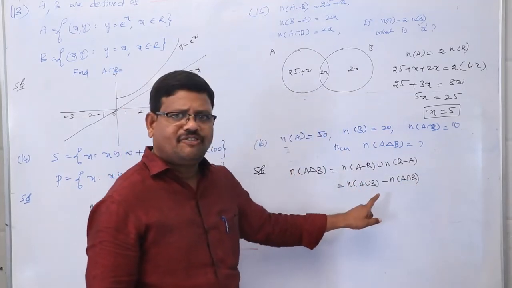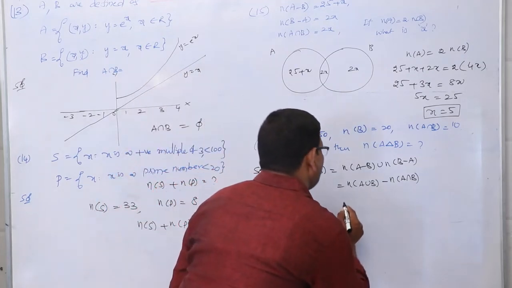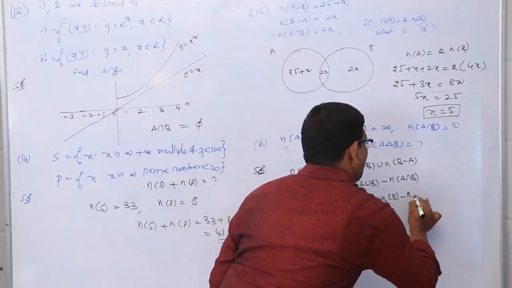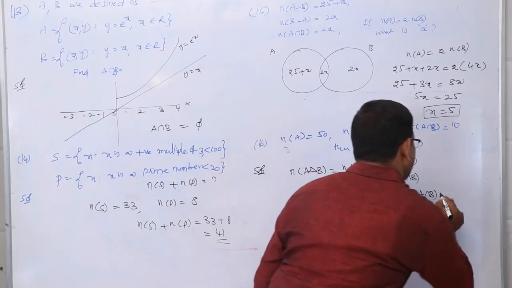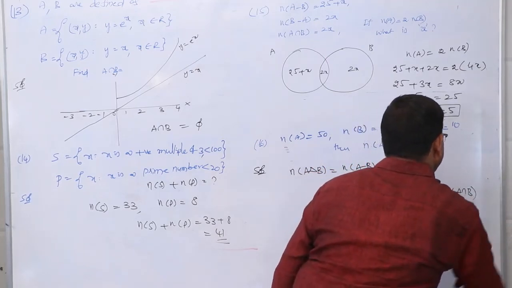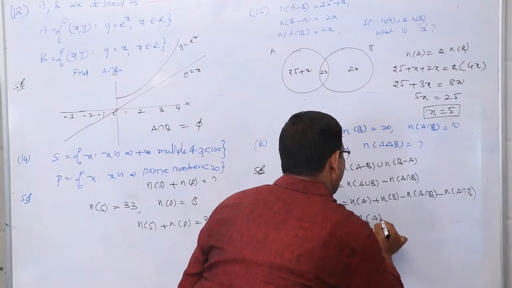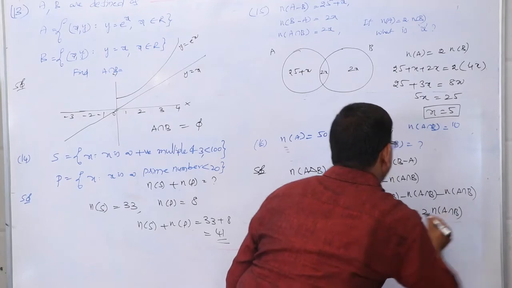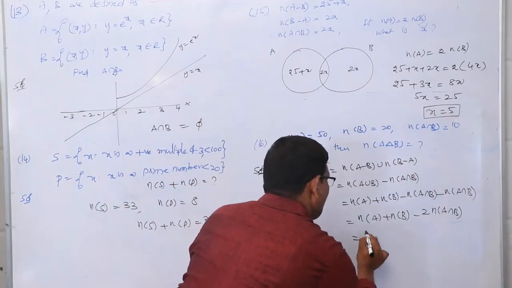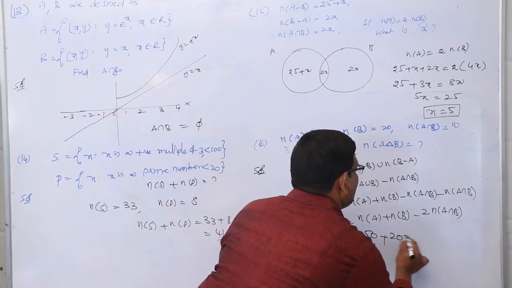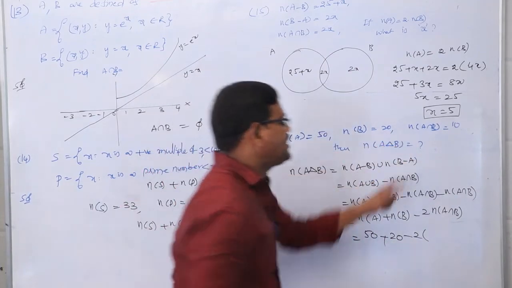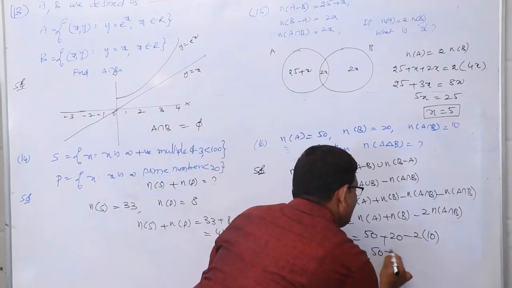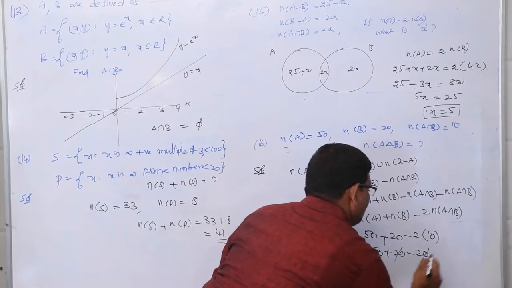Already you know the formula for number of A union B, that equals number of A plus number of B minus number of A intersection B. So number of A minus number of A intersection B minus number of A intersection B equals number of A plus number of B minus 2 into number of A intersection B. So 50 plus 20 minus 2 into 10, that equals 50 plus 20 minus 20.